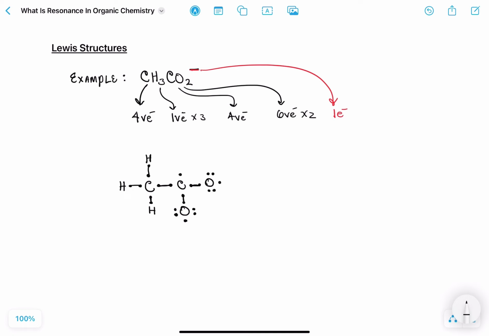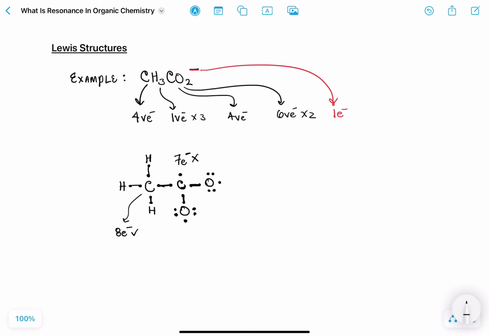So now let's count the electrons around each atom. We know this carbon right here has 8 electrons, so it is happy with its octet. This carbon in the middle of everything has 2, 4, 6, 7 electrons around it. It is not happy because it does not have an octet.